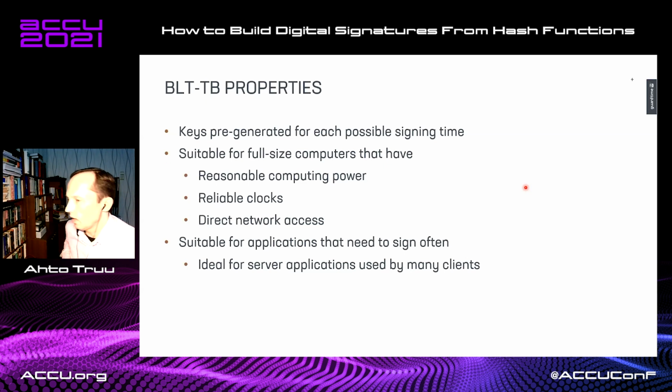And I have a question: what happens if I just change your computer time? Basically, you do not do a security attack on me in the sense that you will not be able to forge signatures.